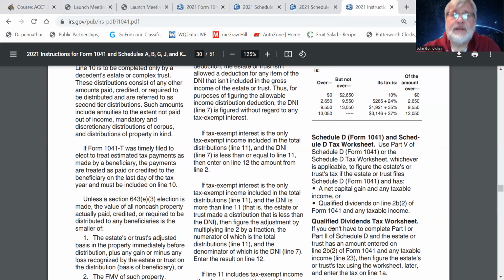All right. I don't need to share this anymore. What we have here now is information that tells us that we can calculate our tax in two different places.